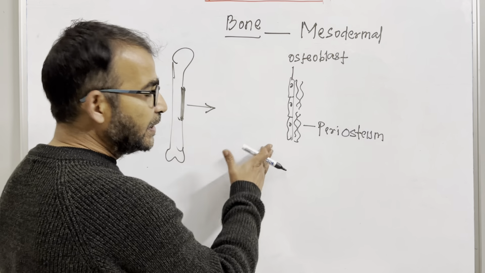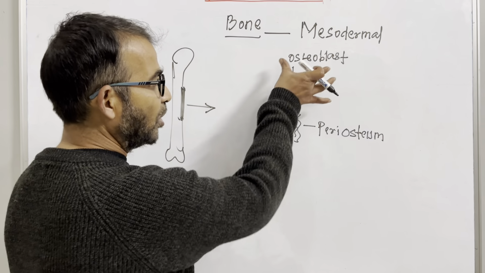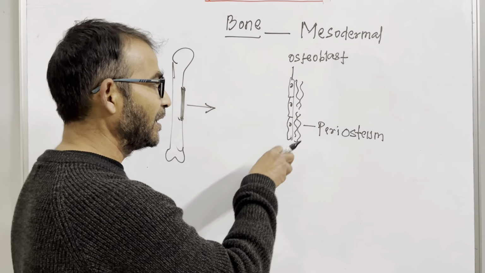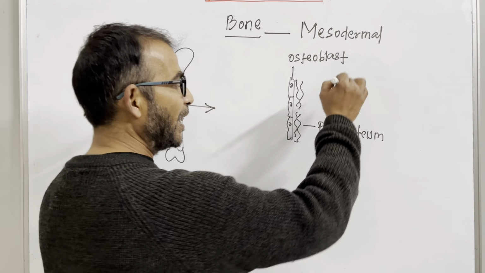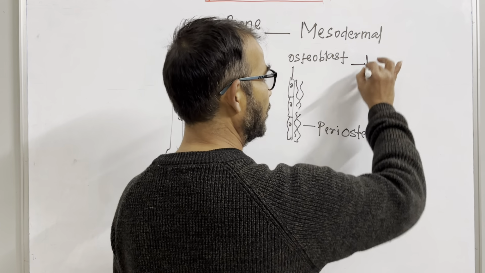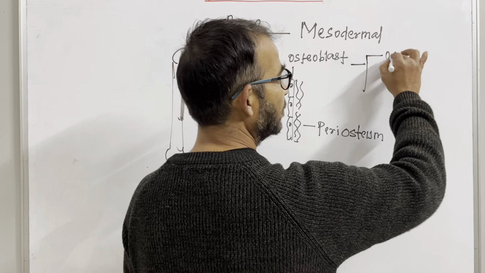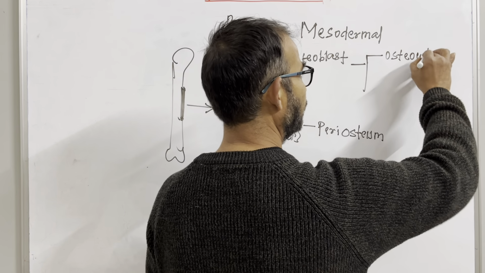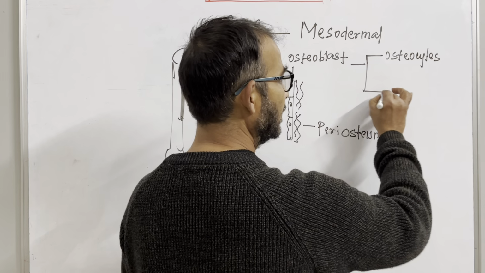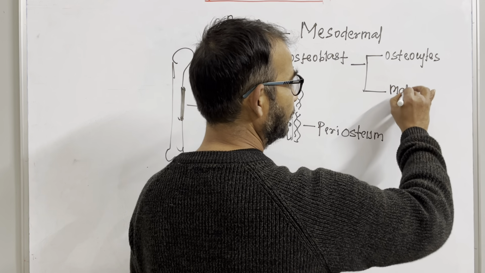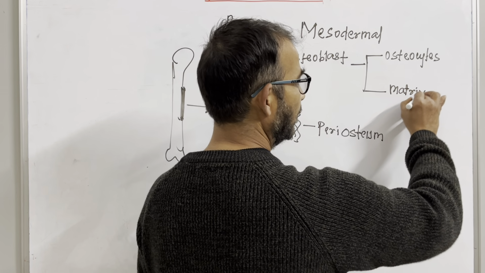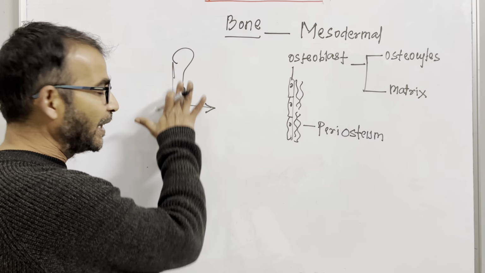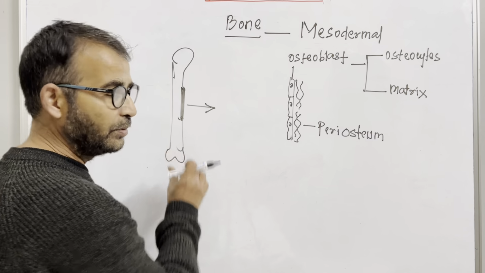This osteoblast forms cells as well as secretes the matrix. Actually the osteoblast forms the osteocytes, the bone cells, and it also secretes the matrix. Matrix here means the ground substance present inside the wall of the bone.